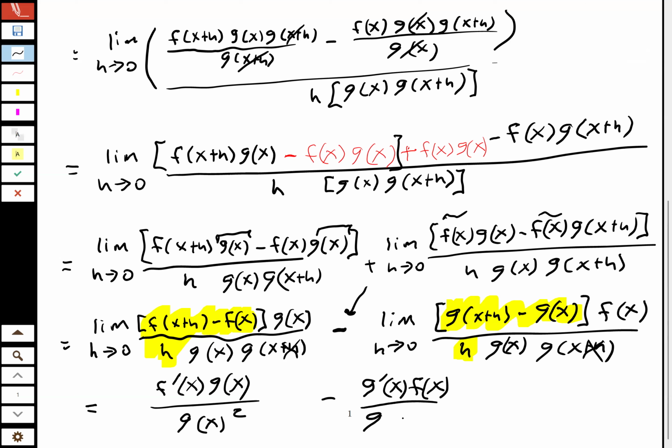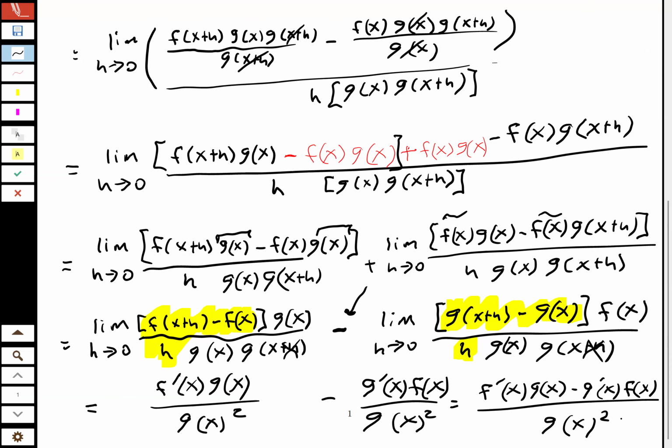That's g of x squared. Writing this as a single fraction, I have the derivative of f times g of x minus the derivative of g times f, all over g of x squared.